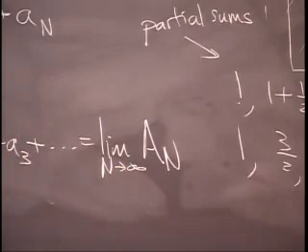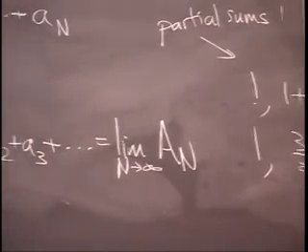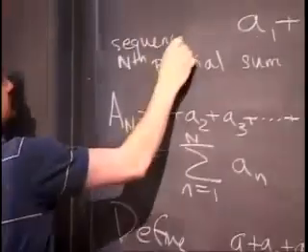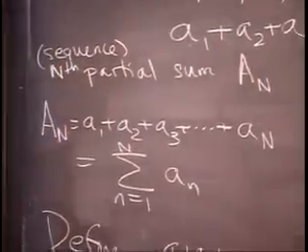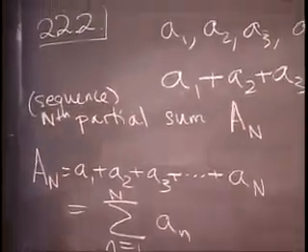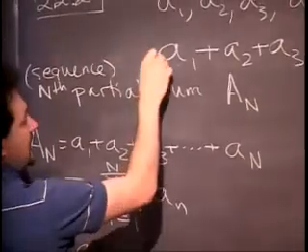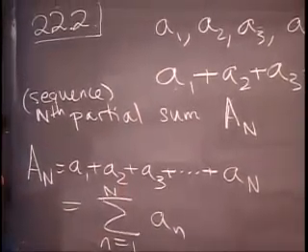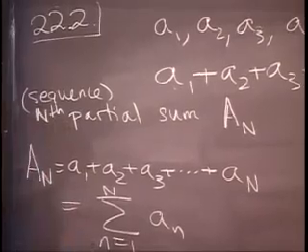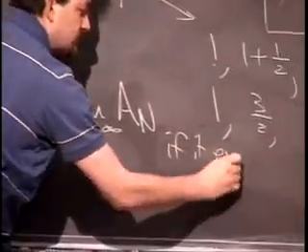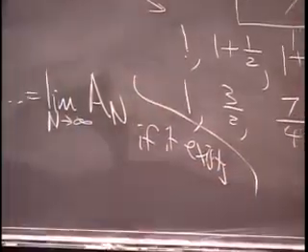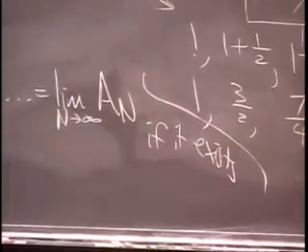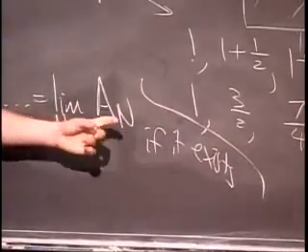So maybe up here I should have written sequence here to remind us that capital A is a sequence, whereas the little a is now a series. We're adding them up. So I'd like to define this to be the limit of the partial sums if it exists. And so the beauty of this is a sequence, and all we're doing is taking the limit of a sequence and saying that is the limit of the series.